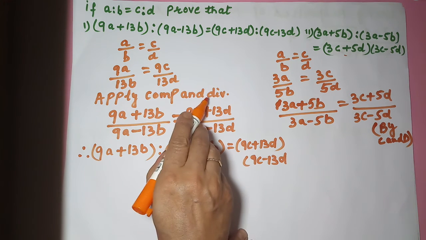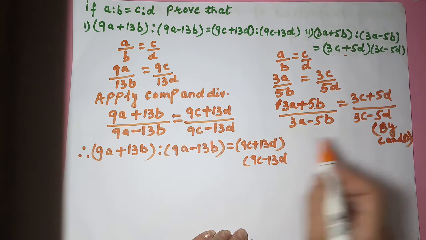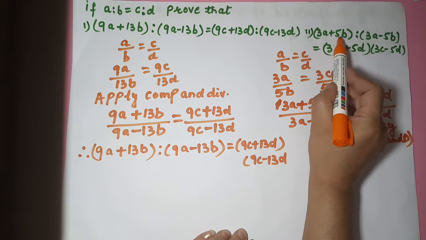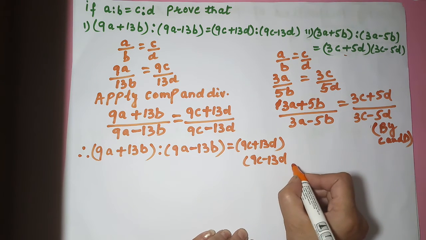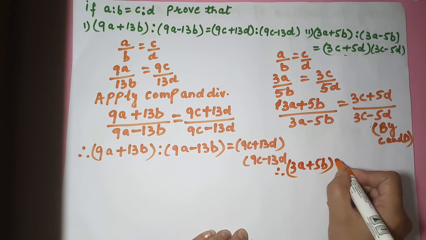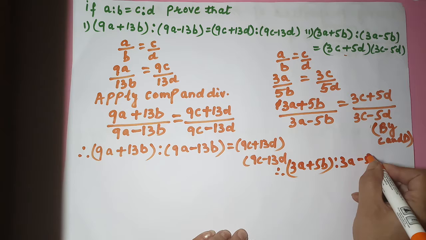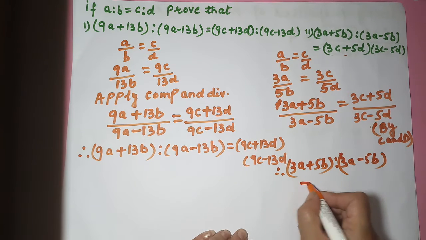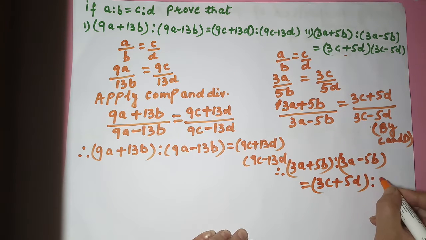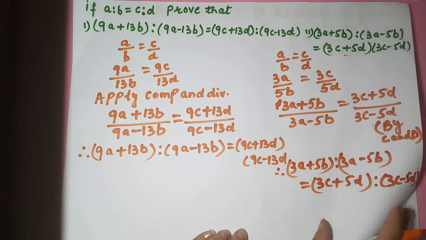Either you can write that before applying or after applying, on the right hand side corner in the bracket. Now my answer should be in this format. So what will I write? Therefore 3A plus 5B is to 3A minus 5B is equal to 3C plus 5D is to 3C minus 5D. Right? That's how we apply the componendo and dividendo.